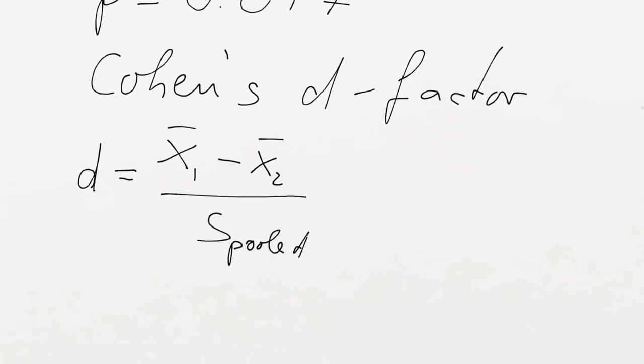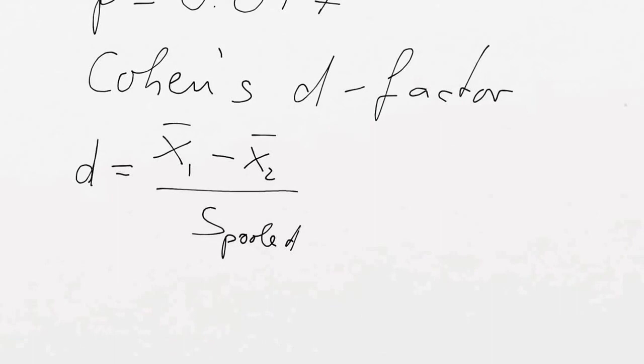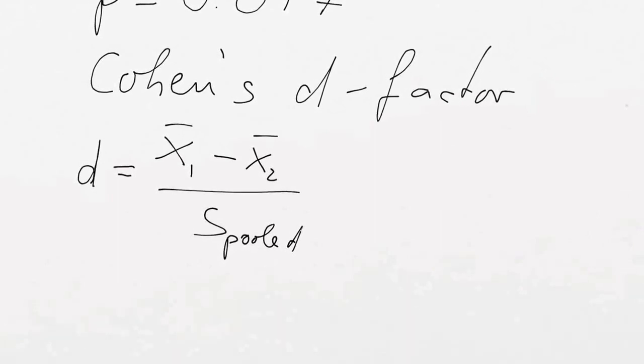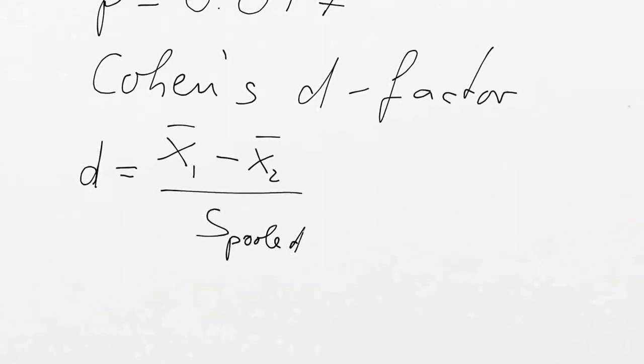So when you do this, generally accepted is that if D is between 0 and, let's say, 0.2, this effect is considered marginal.